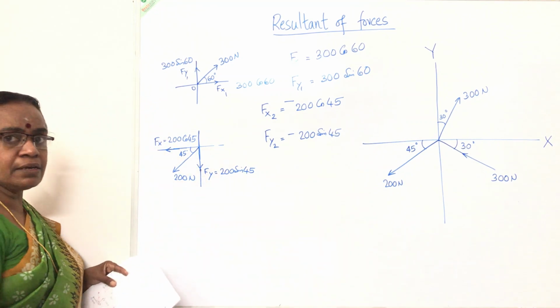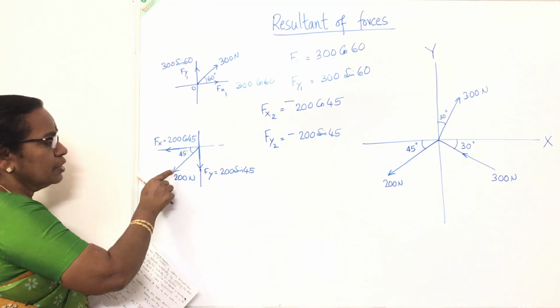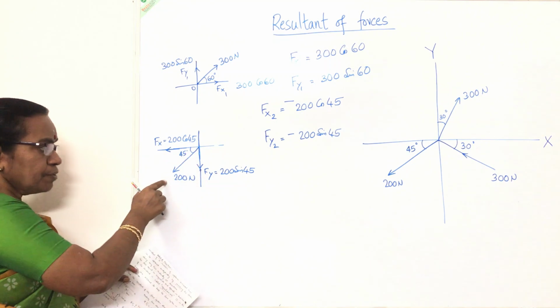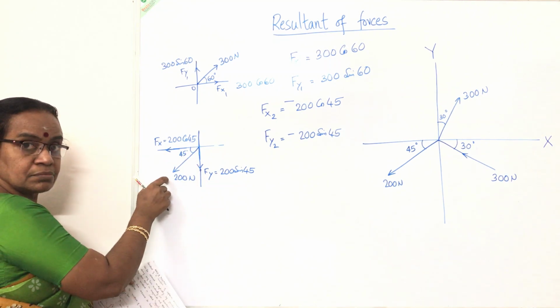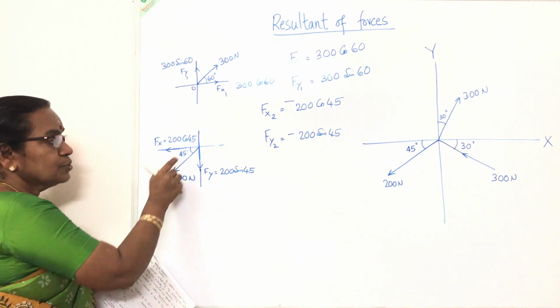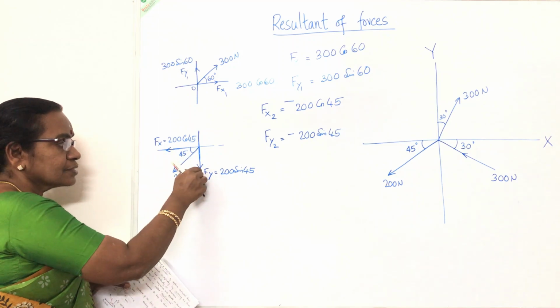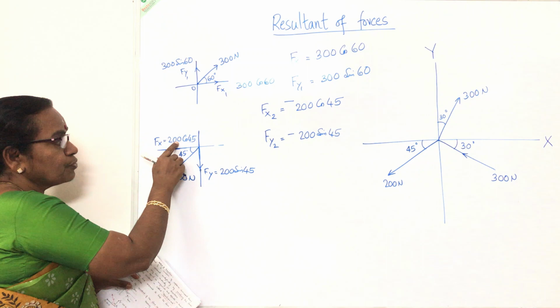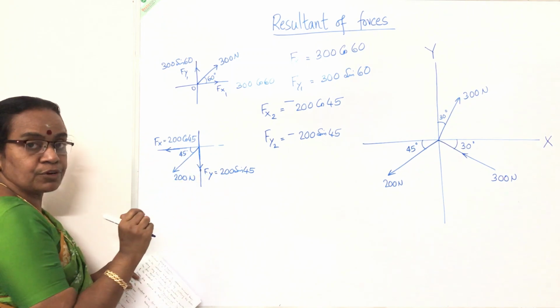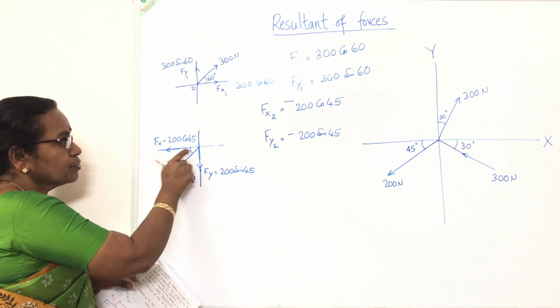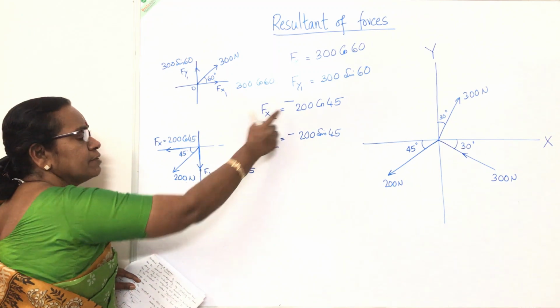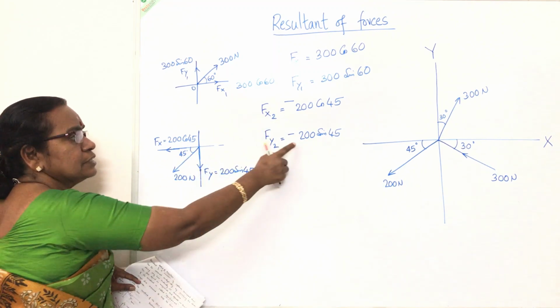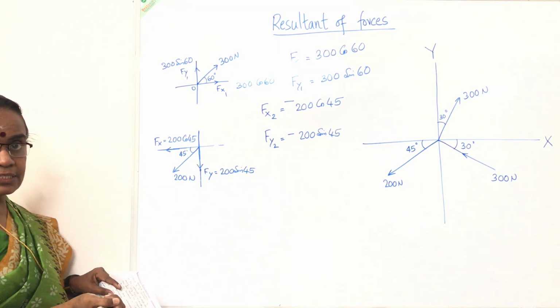I'll repeat once again. The force is 200 Newton away from O, or outward from O. So this component outward, this component also outward from O. This is 200 cos 45, 200 sin 45. Since this is towards left, I have marked it as negative. Since downwards, it is marked as negative.